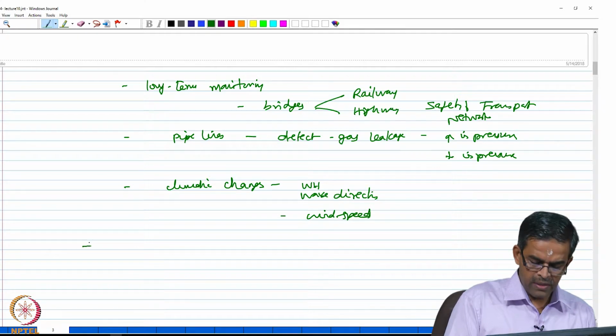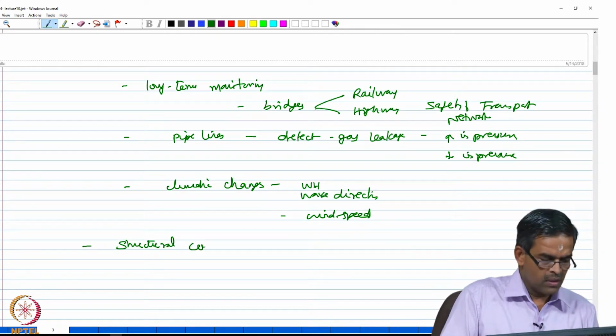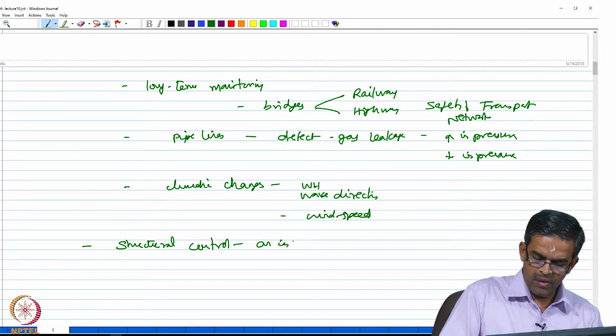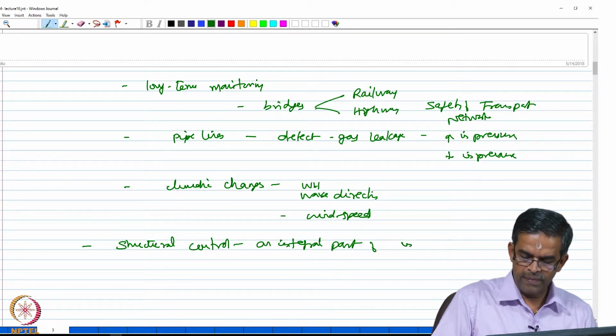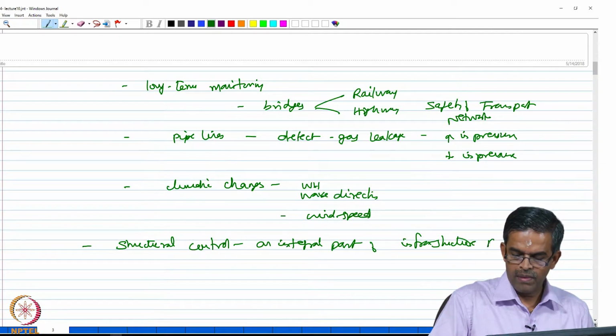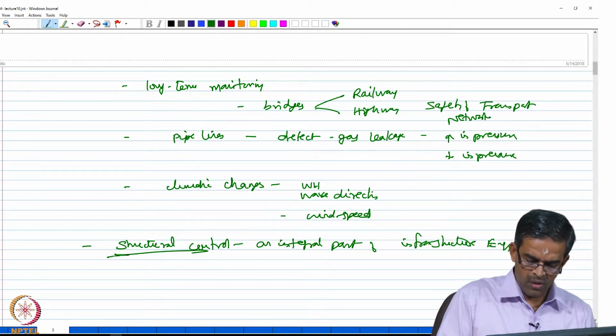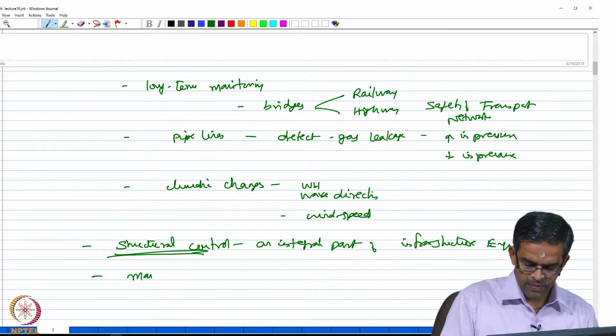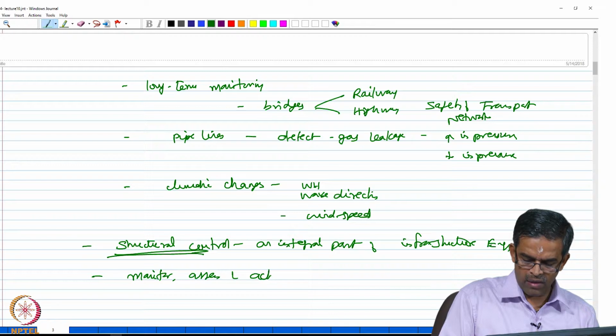Now, interestingly, structural control is slowly becoming an integral part of infrastructure engineering. The moment we say structural control, we need to monitor, assess and then activate the controls.